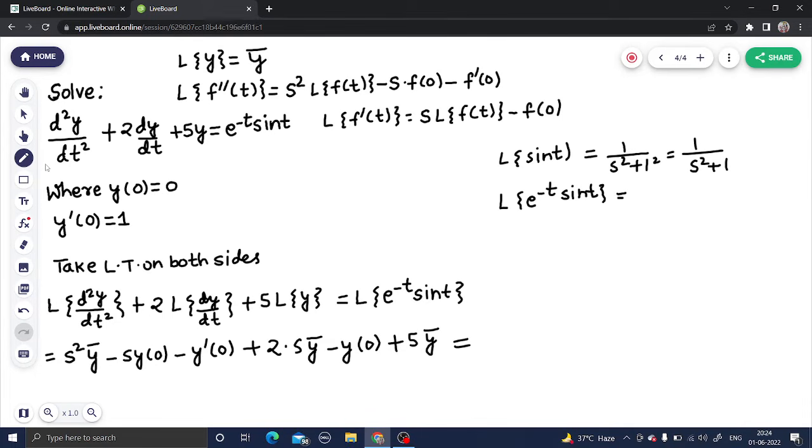In this replace s by s plus a. So 1 upon, we will replace s by s plus 1. So if you want to simplify this, 1 plus 1 is 2, and 2s. So s square plus 2s plus 2.